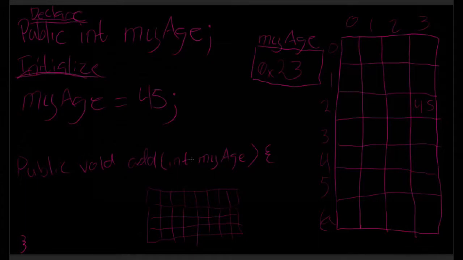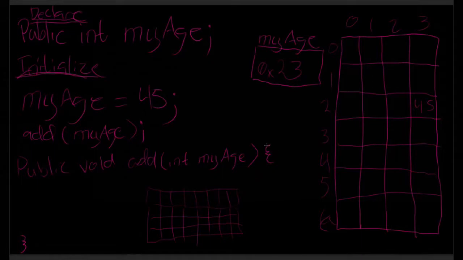So when we call this, if we say add, parenthesis, my age, close parenthesis, we are assigning by value. This my age right here is not this my age right here, because this is a new variable being created and used in this scope.